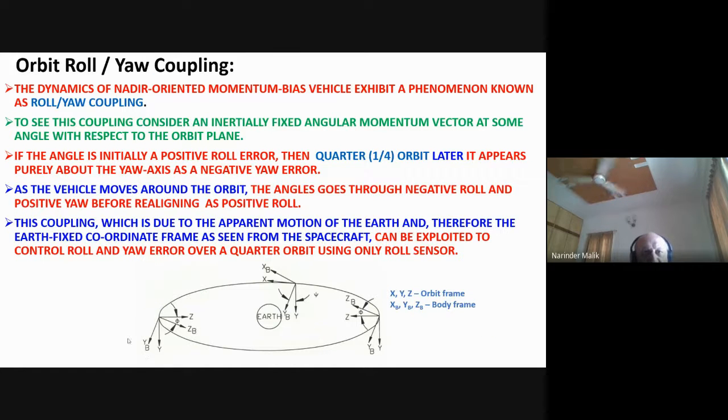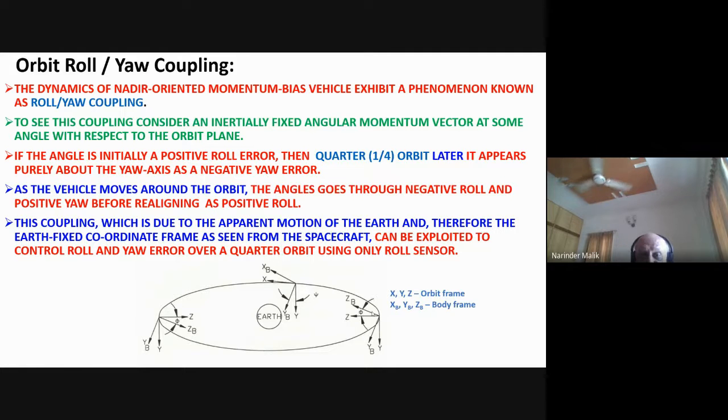I was telling you the roll-yaw coupling. If you remember this picture, I said earlier also, imagine the satellite is moving in the orbit. At one instant of time, the spacecraft has an attitude error, say roll axis at this point. Now, supposing there is no disturbance torque, for simplification, the angular momentum is conserved as the spacecraft moves in orbit.